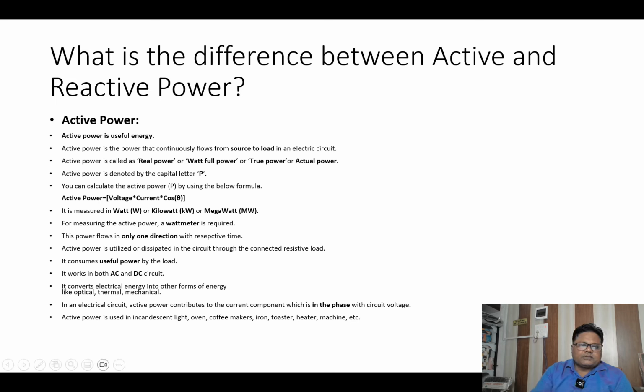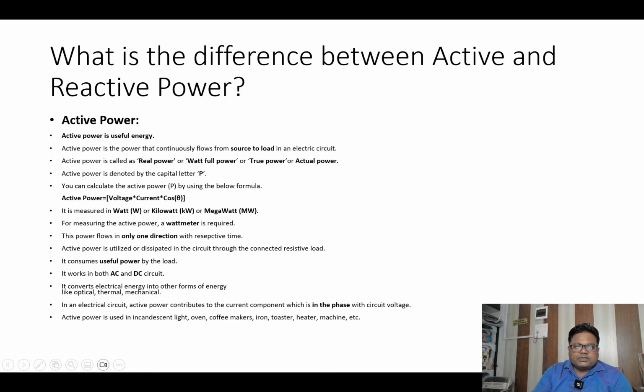Active power is useful energy. Active power is the power that continuously flows from source to load in an electric circuit. Active power is called real power or wattful power or true power or actual power.